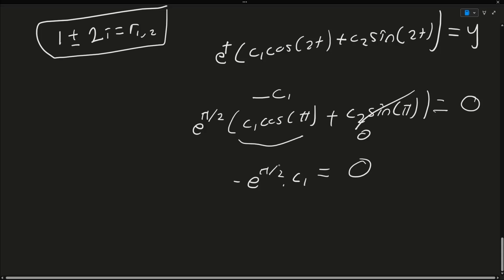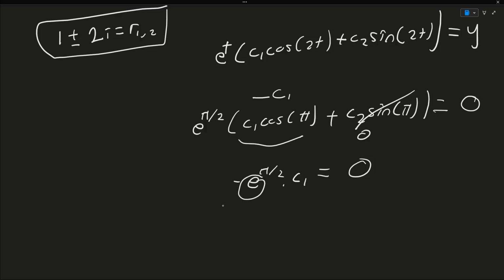So we have an exponential function, but there's no way we could get this exponential function to be 0 because our base is e. Any exponent of a non-zero number will generate a non-zero number. So the only way to make this equation satisfied is to make c1 equal to 0. So we can draw the conclusion that c1 must be equal to 0.